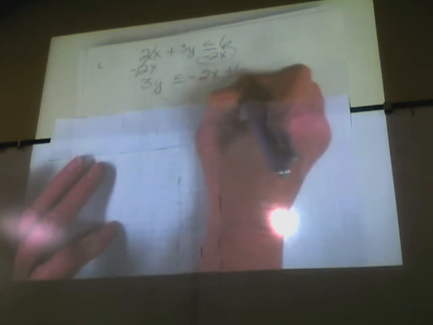So we have 3y is less than or equal to negative 2x plus 6. Now we'll divide by 3, every single place. Now you have y is less than or equal to negative 2/3 x plus what? 2. 6 divided by 3 is 2.